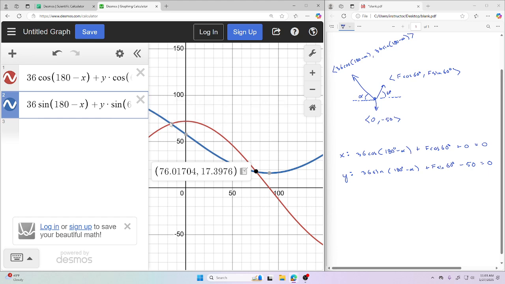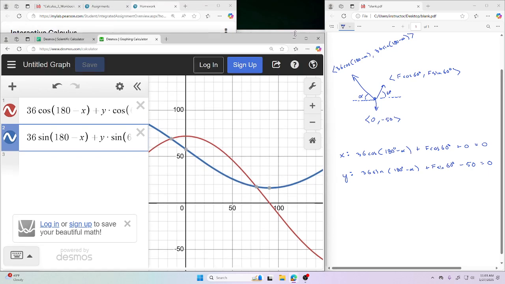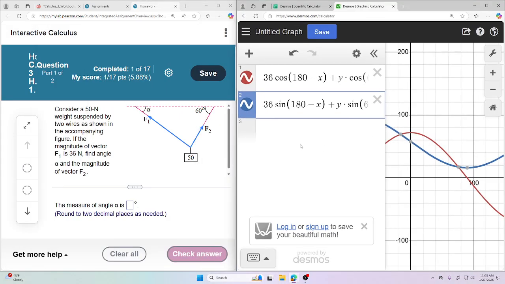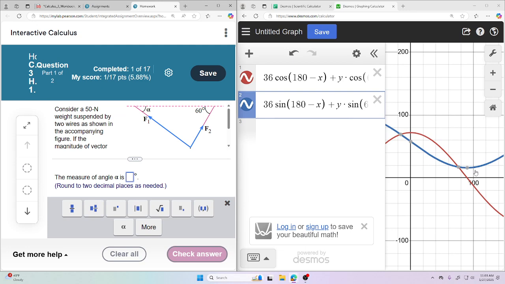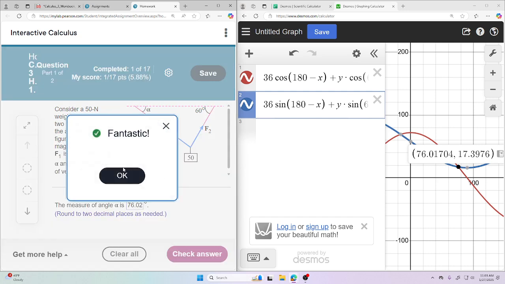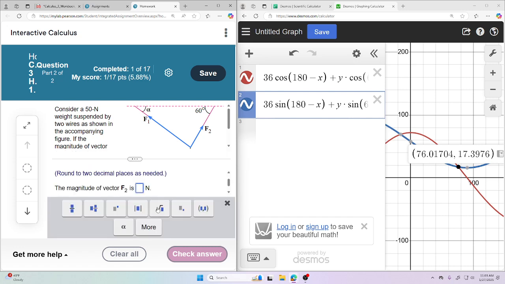That would be really cool if it's just that easy. Okay, so alpha, click. There we go. Alpha was 76.02, two decimals. Nice. Okay, then we're definitely down the right road.